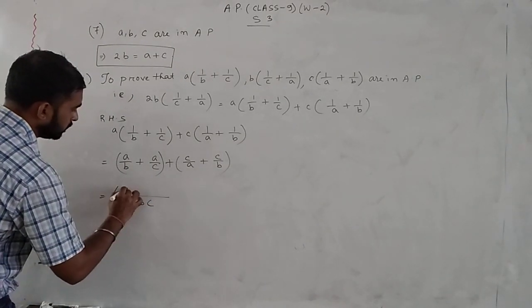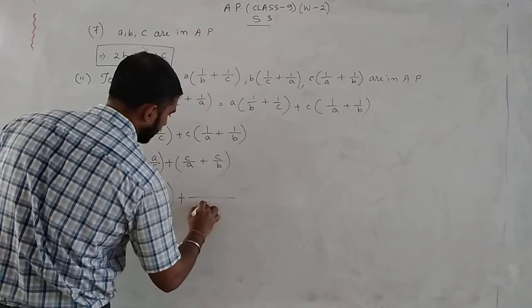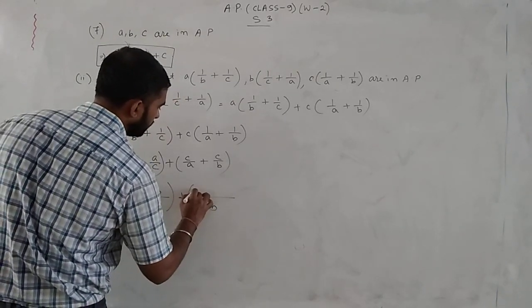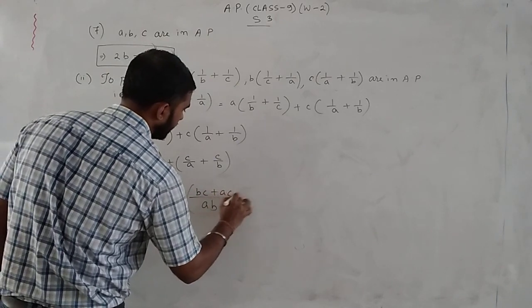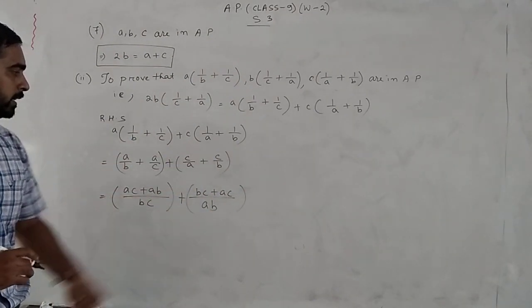Here BC, so it becomes AC plus AB. Here LCM AB, so it becomes BC plus AC.